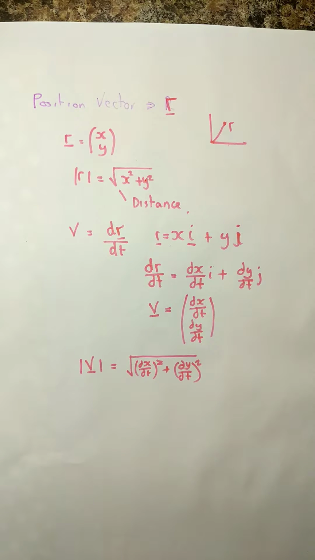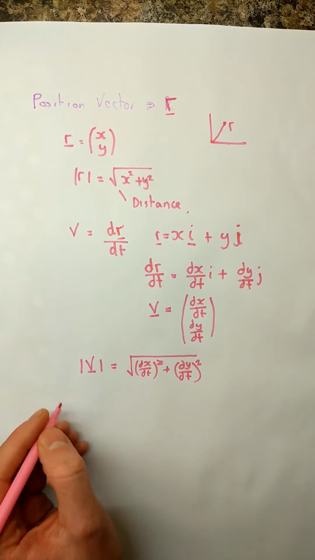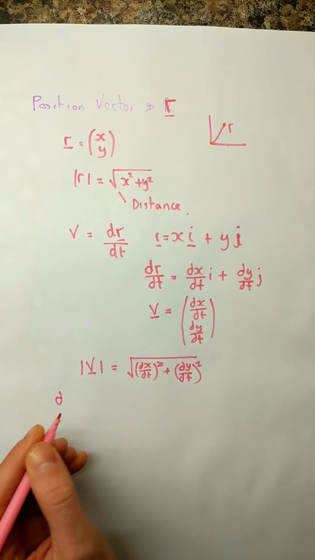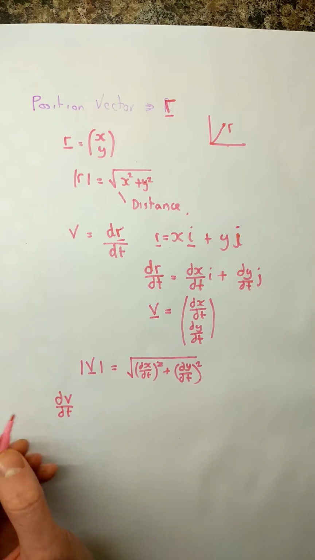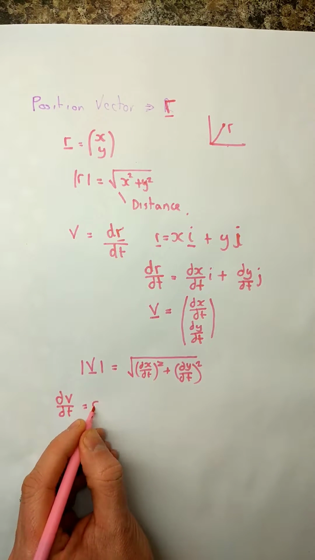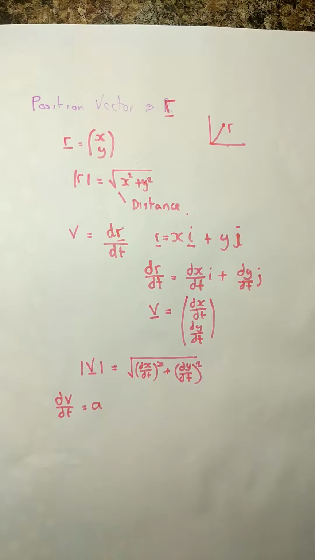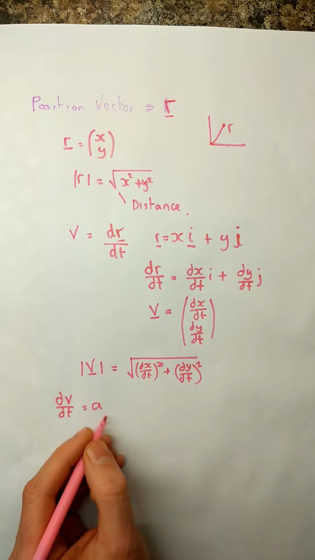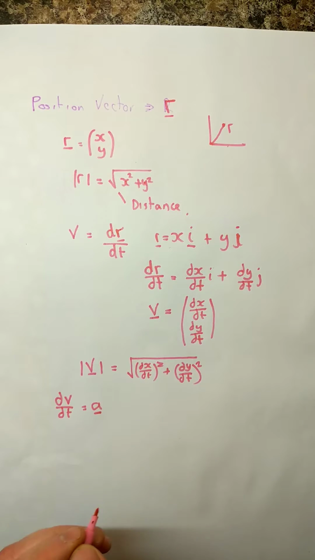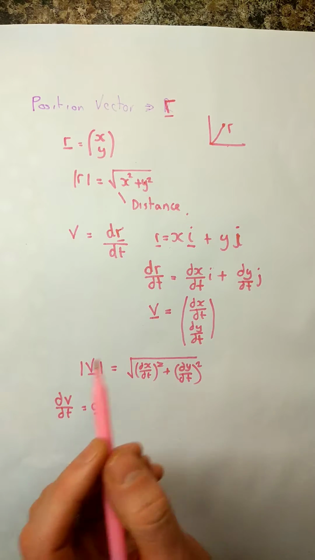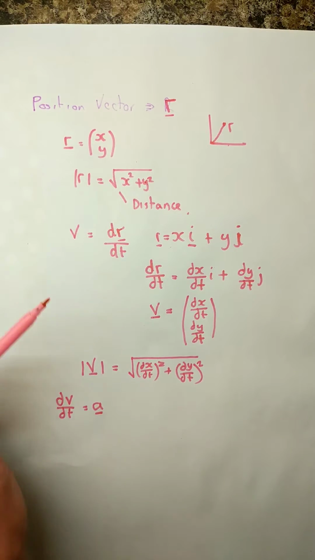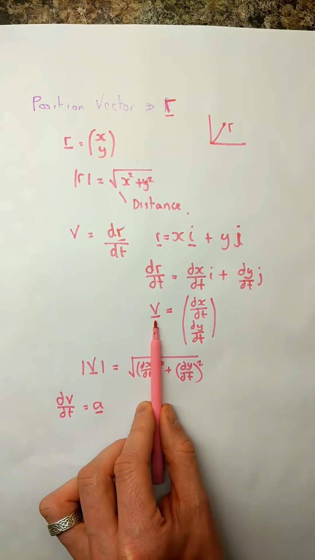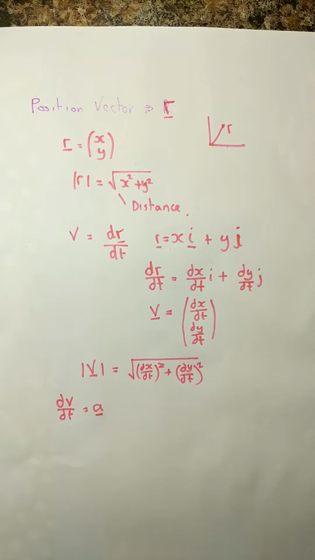Now from the velocity, if we look at the change in the velocity, so if we've got dv with respect to time, then we are going to get the acceleration, because the change in velocity over a small change in time equals the acceleration. Compared to the original position, we differentiated to get the velocity, and we differentiate again to get the acceleration.